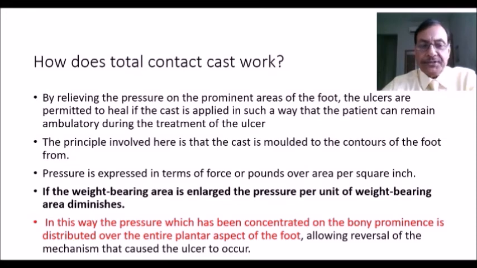Understand, if this force, or the weight of the body on the foot, is distributed over a larger area, then the force per unit or per square inch will be lessened. So, if the weight bearing area is enlarged, the pressure per unit of the weight bearing area diminishes. In this way, pressure which has been concentrated on bony prominences is distributed over the entire plantar aspect of the foot, allowing reversal of the mechanism that caused the ulcer to occur.